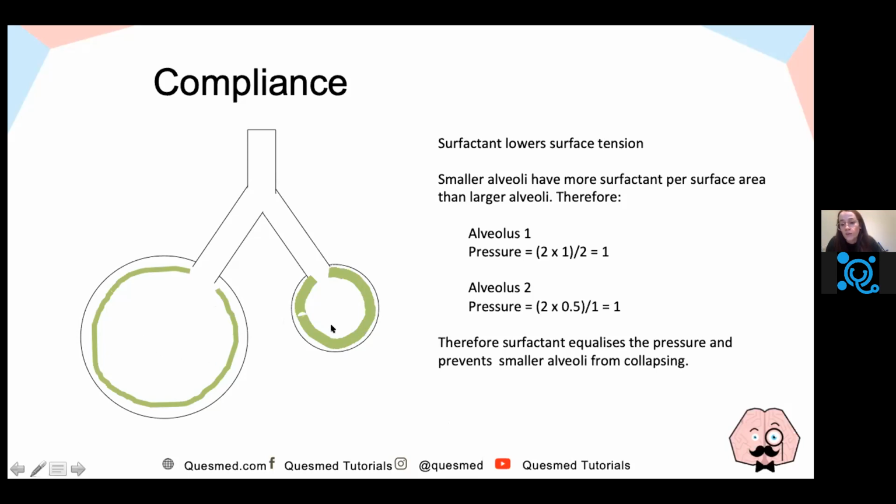So this alveolus, which is half the radius, has double the amount of surfactant, and so that reduces the surface tension by half. And so then we see that by adding surfactant into that lung, we are making the pressure within each alveolus the same. That stops that small alveolus from collapsing. Okay.